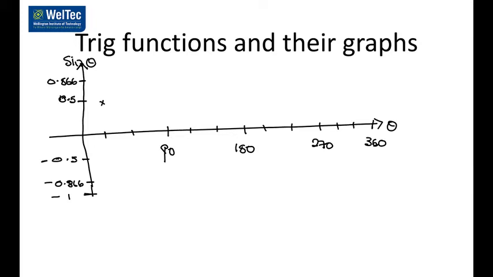Okay, now we just plot the pieces. At 30, it's 0.5. At 60, it's 0.866. At 90, it's 1. Coming down.